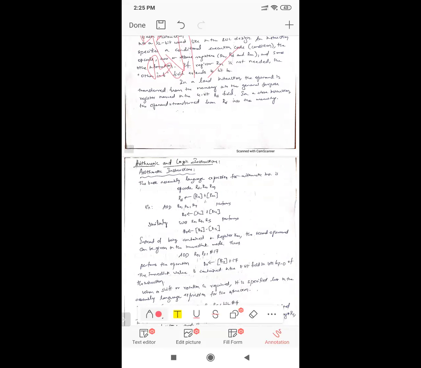And arithmetic instructions. Arithmetic instructions such as add. For any operational instruction, the instruction format is opcode, RD, RN, RM.